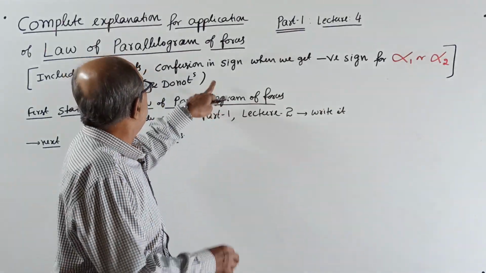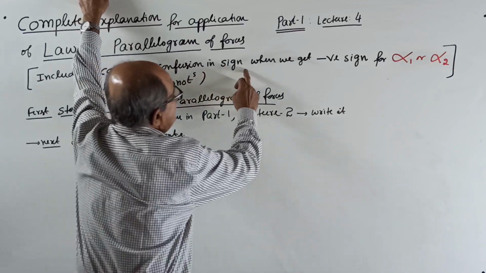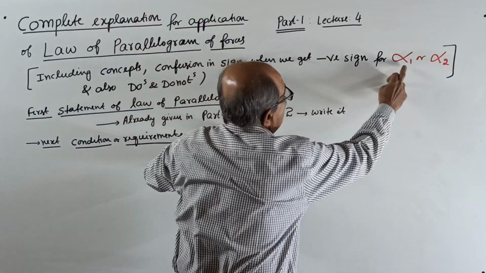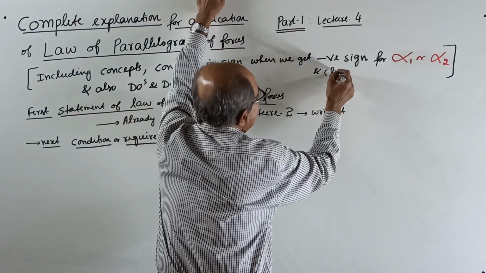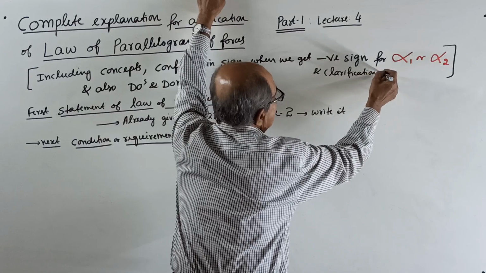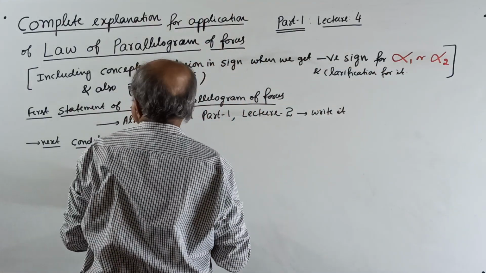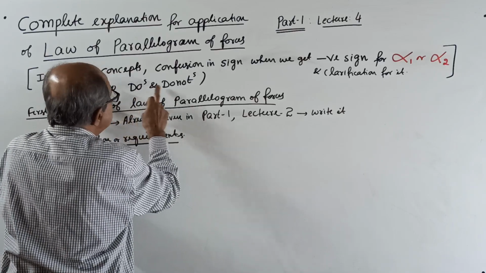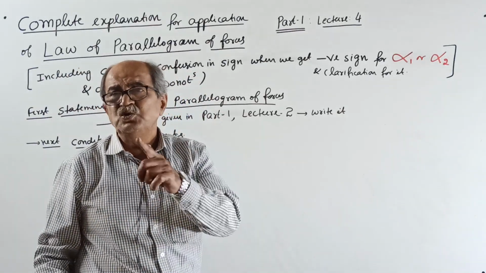It is not that I will create it. Including the concept of confusion in sign when we get a negative sign for alpha 1, alpha 2, and clarification for it, so that you correctly understand. Then also some do's and do nots: what you should do and what you should not do.